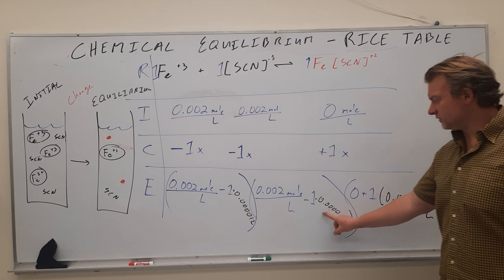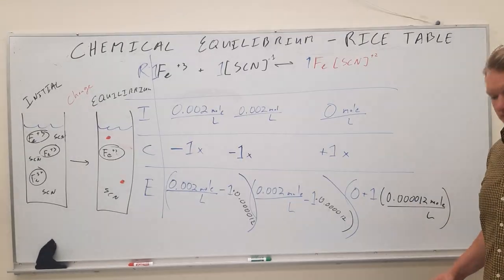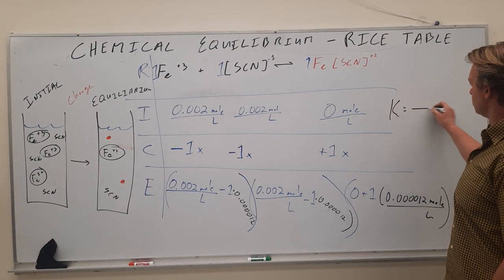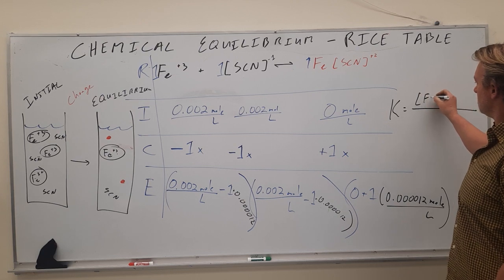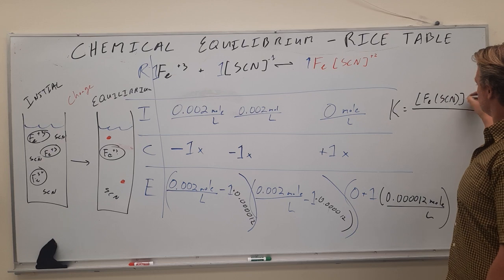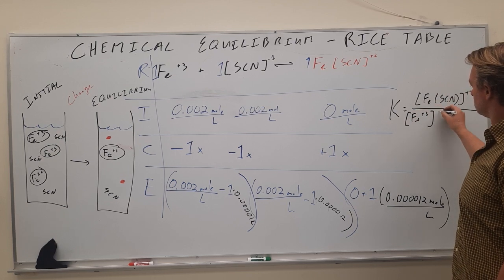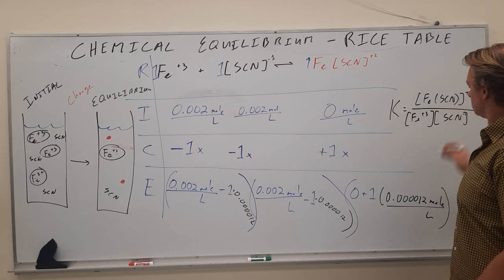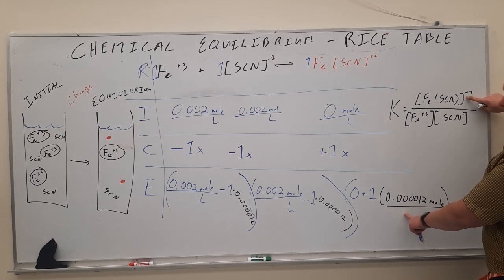Once we have all of these numbers plugged in and evaluated on the equilibrium line here, you go back into your capital K, you plug in those numbers, that equilibrium. So like this number, the product, I don't have this written in red right now.